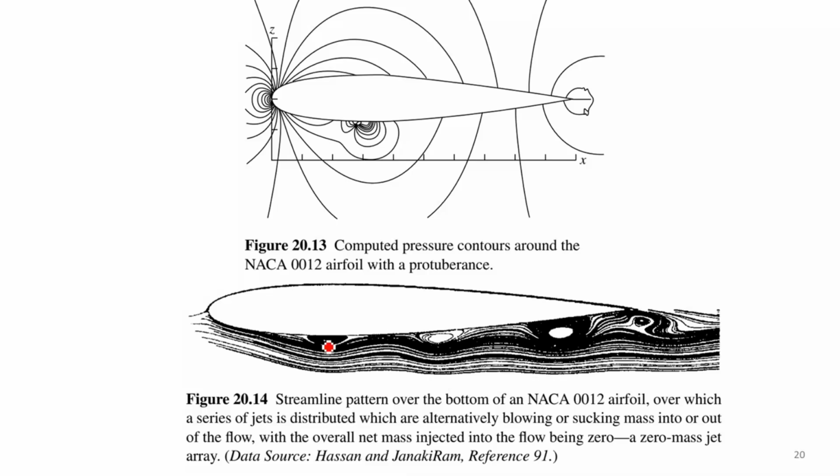We see that vortexes are separated periodically from the lower side of the airfoil, and this happens because of the presence of a very, very small defect on the shape of the airfoil, and this can be seen only by simulating viscous flow around this aerodynamic body.